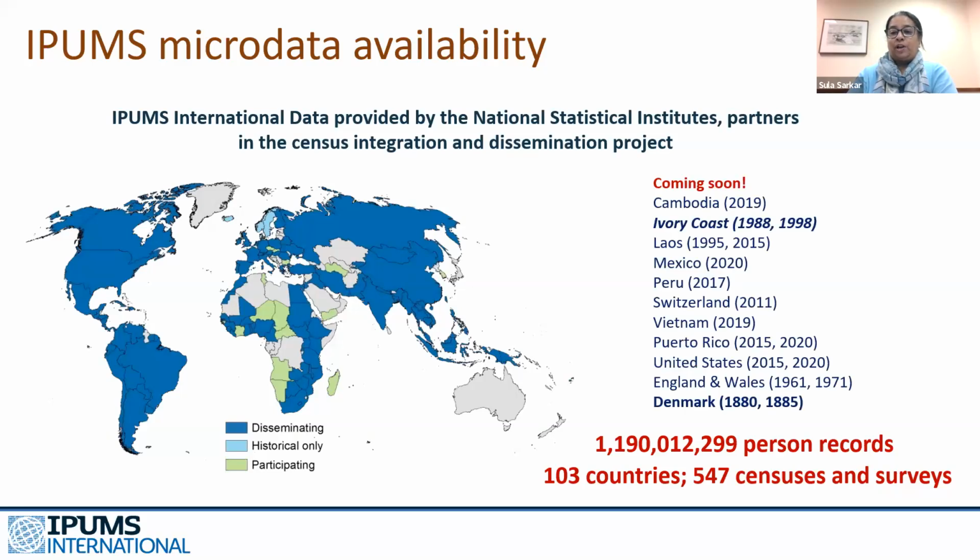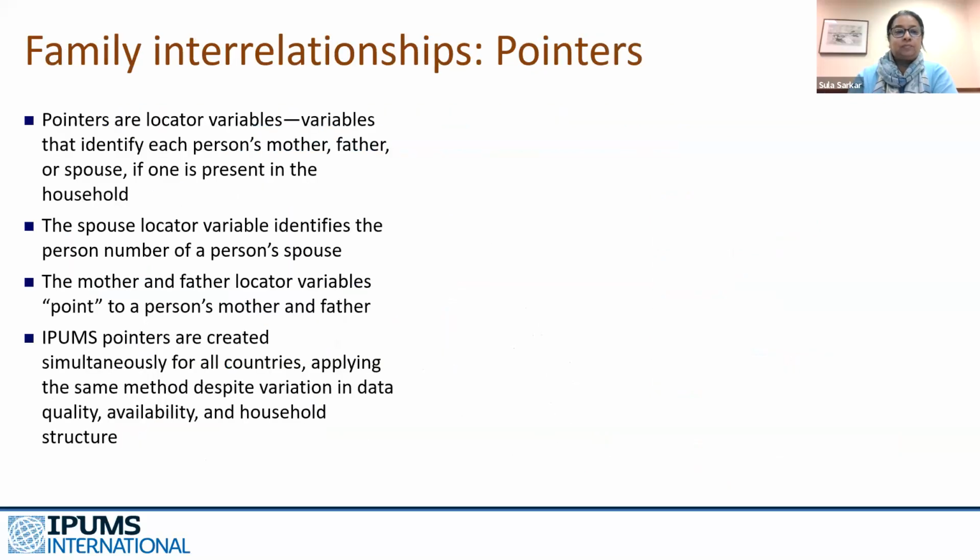Right now, we are working on these censuses. As you can see, a few of them are from the 2020 census round. So this will be coming out soon. Besides what my colleagues described, which is harmonization and documentation, I wanted to talk about the pointers that are unique to this project.